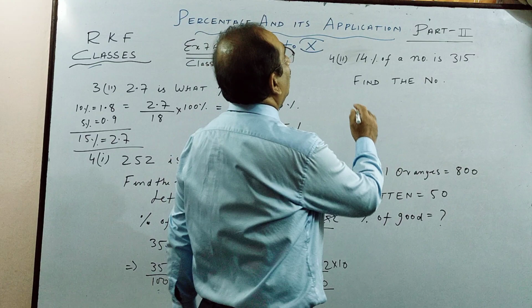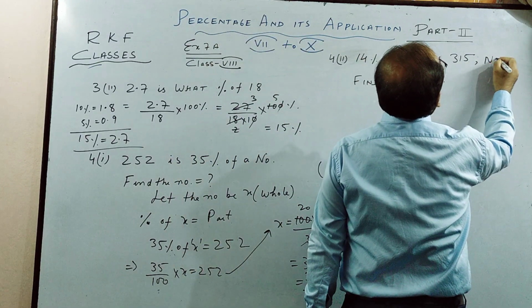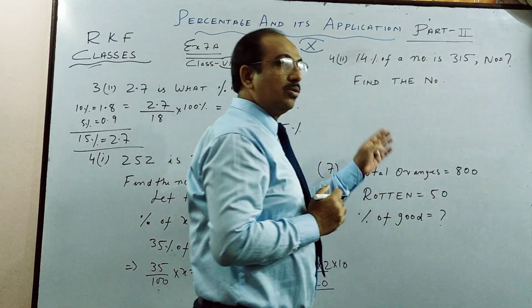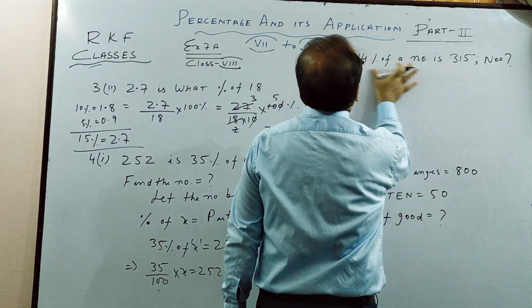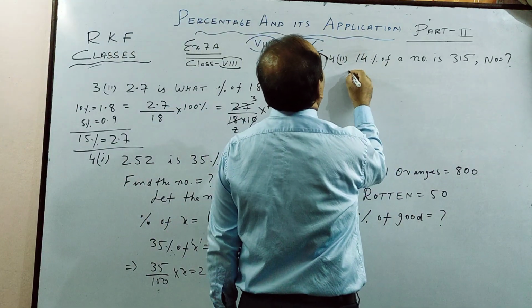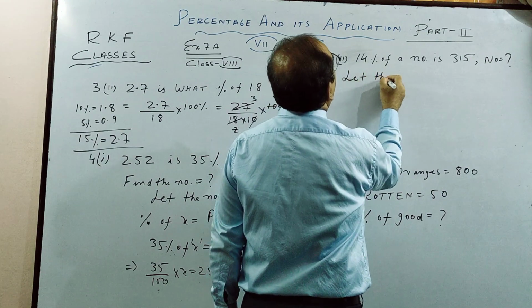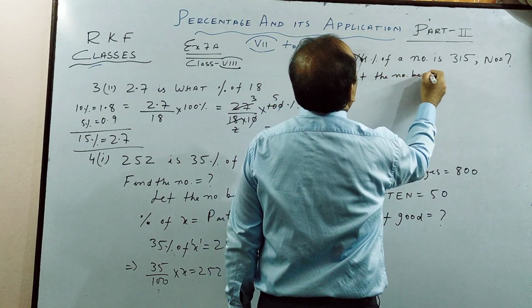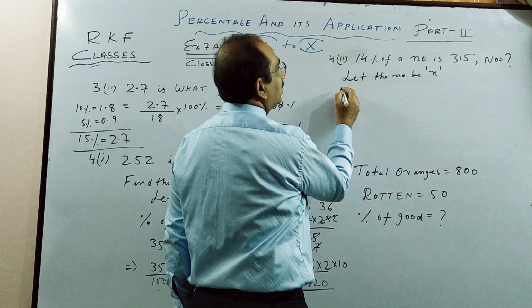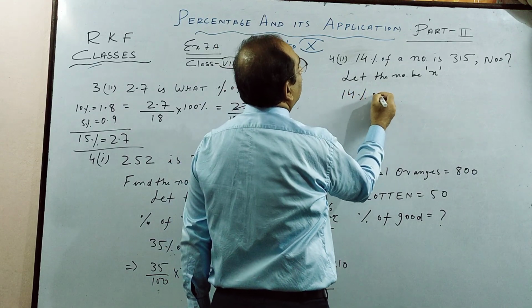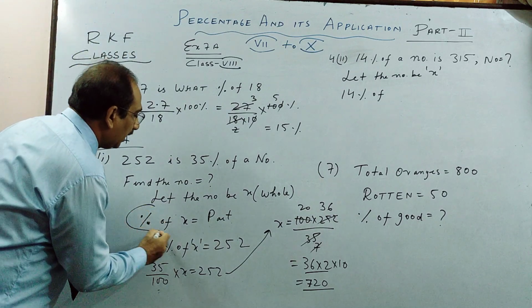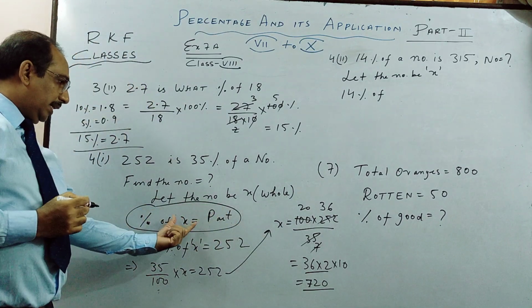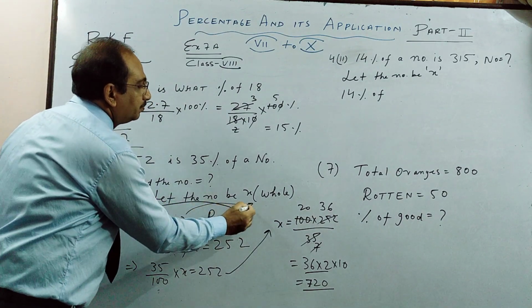Same thing over here. Find the number. So what is the number? You can pause and copy. Okay, so here this part I am rubbing just to have more space. Let the number be x. So same format, children. 14% of whole, percentage of whole is equal to part. x stands for whole.